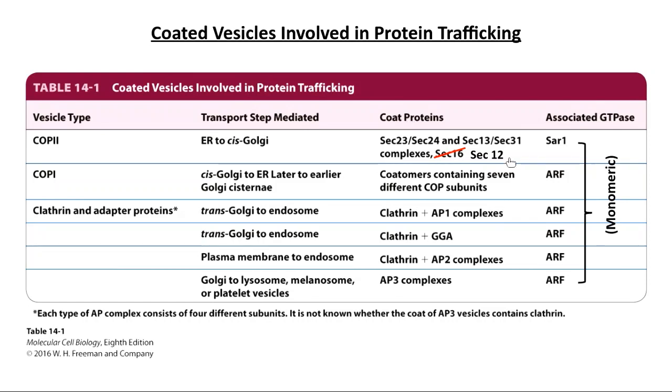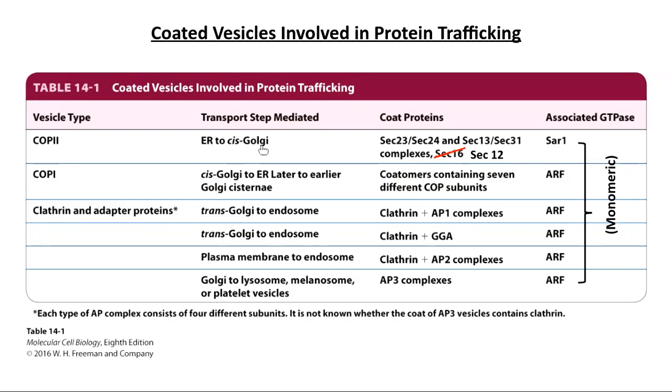So for example, for the anterograde transport, that is from the ER to the cis Golgi, the vesicle coat type that gets formed is called COP2. COP2 coat proteins define the vesicles which are to be transported from ER to cis Golgi.